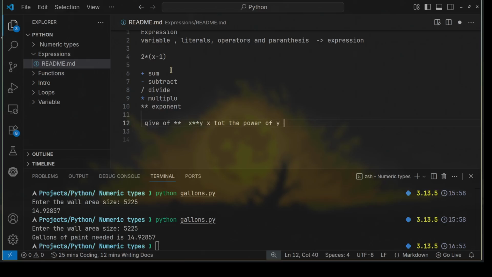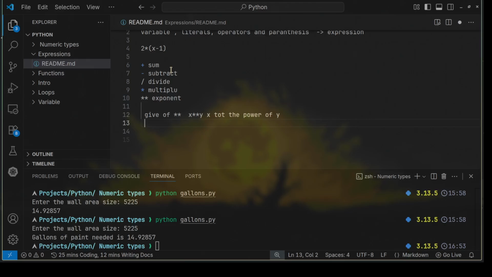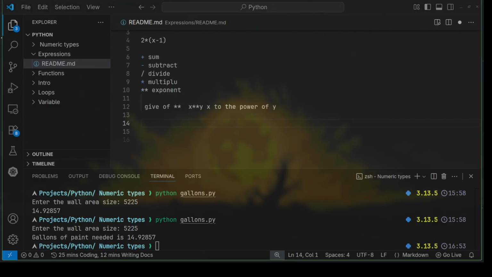If we say x raised to 2, that means x to the power of 2. I hope that makes sense. We'll have more examples of that as we go along. I hope that's clear of what an expression is.